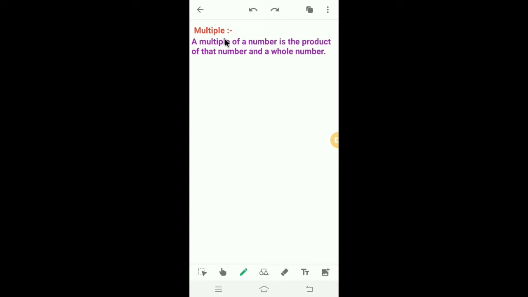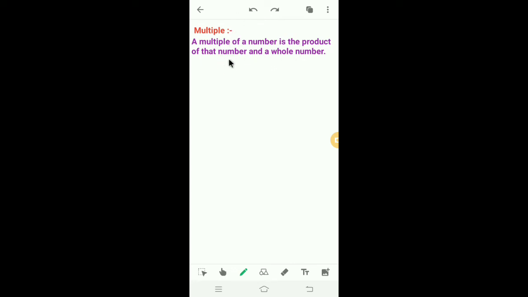Let's learn definition of multiple. A multiple of a number is the product of that number and a whole number.